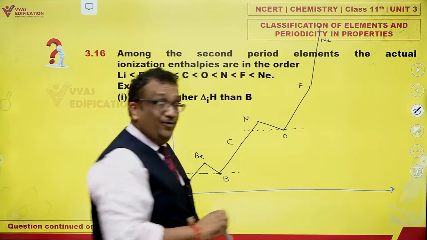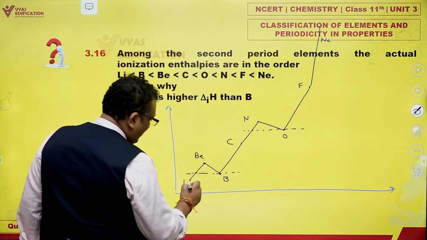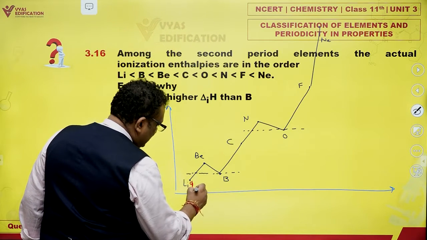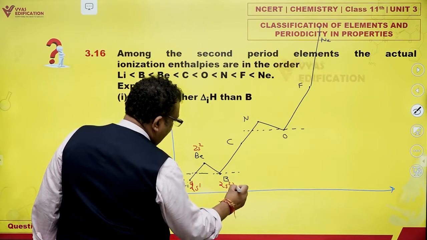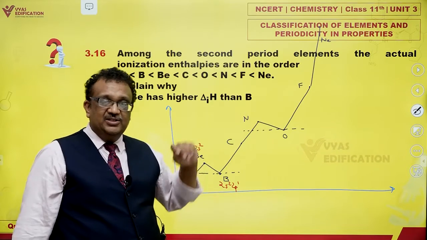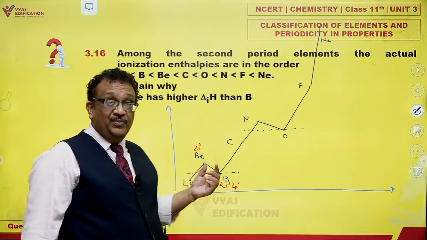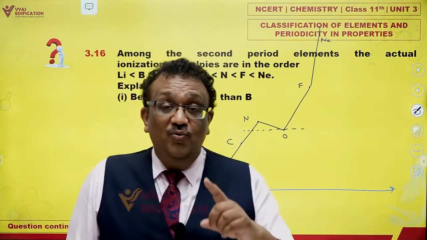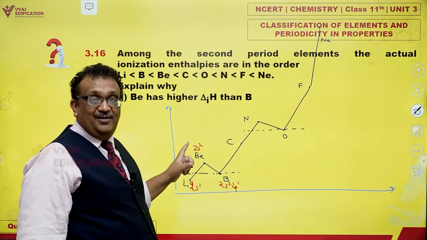Actually, if you look carefully, you can relate this with their electronic configuration. Lithium is 2s1, beryllium is 2s2, boron is 2s2, 2p1. So beryllium has higher delta H ionization than boron. Why? It is because in case of beryllium, the electron is being removed from s subshell.